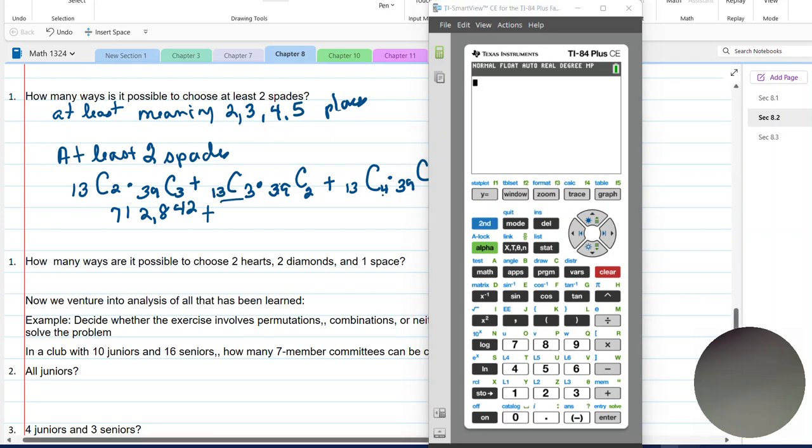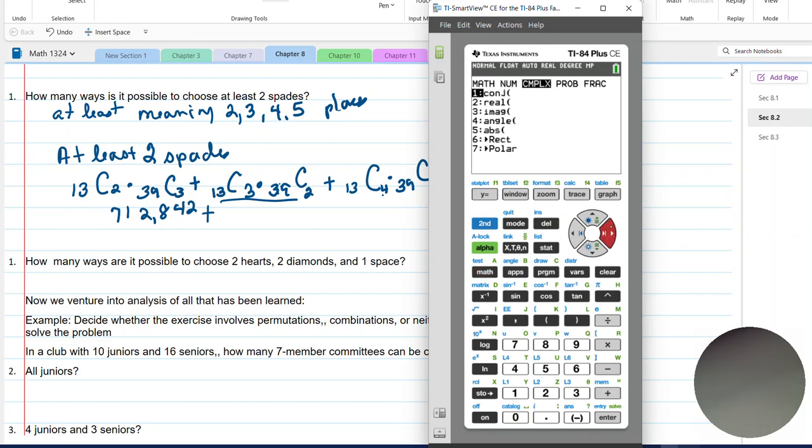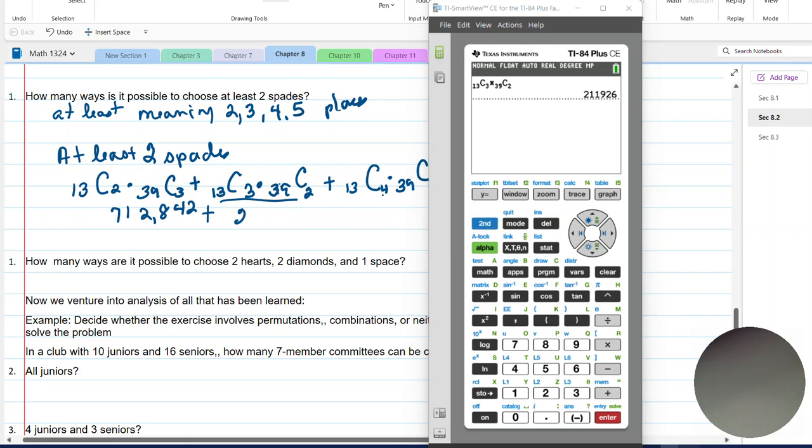I'm on this one. 13, math, PROB. I'm going to do number 3 and do 3, up, times, and then I'm going to do 39, math, PROB, number 3, and do 2. So I'm on the 3 and 2. Yes, got it. 211,926.